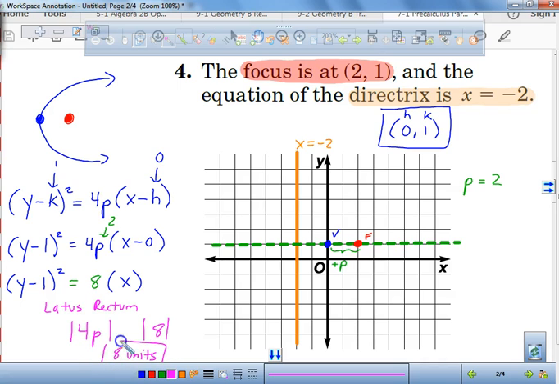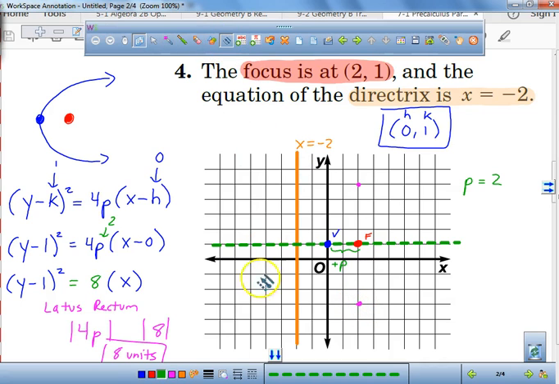So we have 8 units, which means we have to go 4 up and 4 down from the focus. Yes, from the focus. Because, ironically, the latus rectum always passes through the focus. 1, 2, 3, 4. 1, 2, 3, 4.